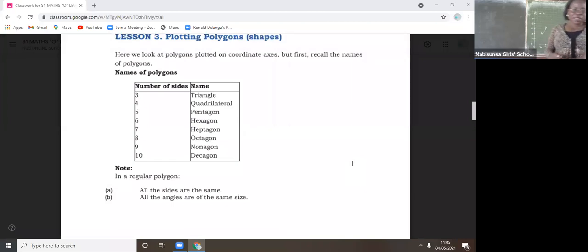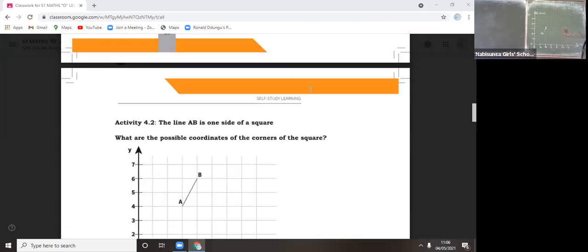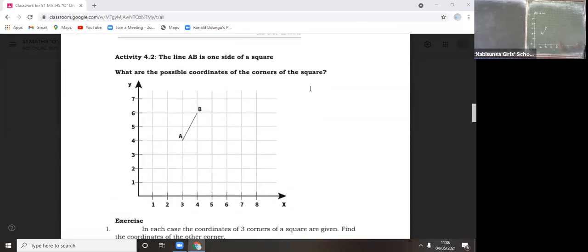Now, after having gone through that background of polygons, we now have activity 4.2 in the book. So we have that activity 4.2, which I've even presented on the blackboard because we want to see how we go about it.